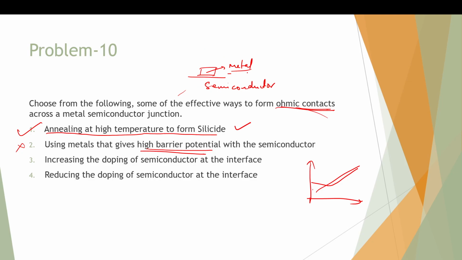Metal is a very good conductor, so if we have a slightly good conductor region in between by introducing doping, that will act as a gradual change in the work function phi. If you have a highly doped region and then a metal on top of it, this acts as an ohmic contact. Then the fourth point is reducing the doping of the semiconductor at the interface. This will definitely not help.